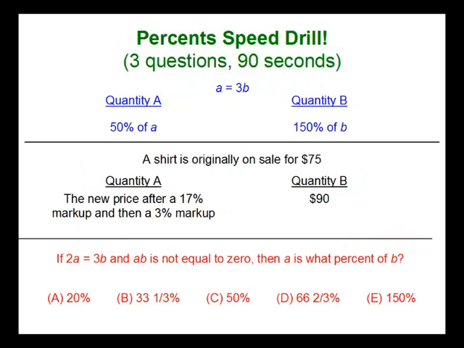All right, here is a speed drill. I think this is awfully mean to give you 90 seconds. That's 30 seconds each problem. I'm going to stretch it a little.